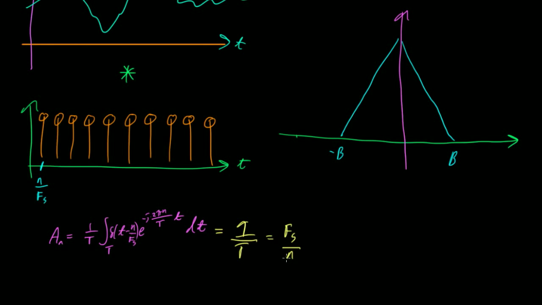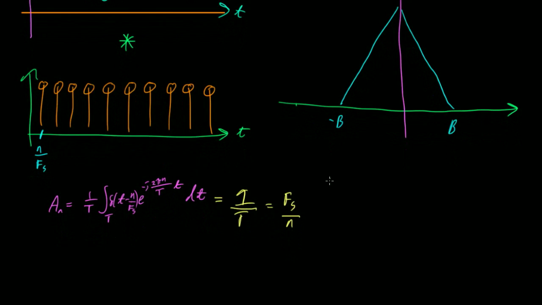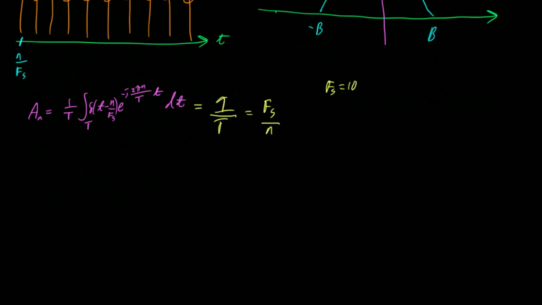Let's say fs is equal to 10. When n is 0, t is 0. When n is 1, t is 1 over 10, so 0.1. When n equals 2, it's 0.2. You get what I'm saying?